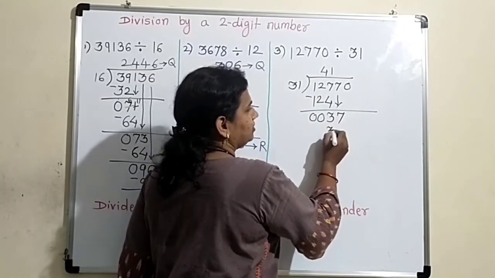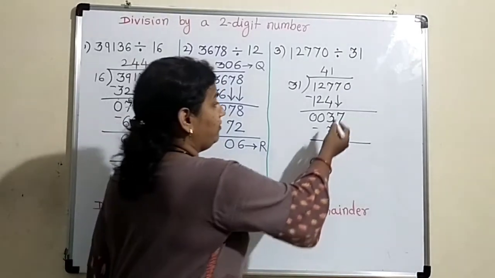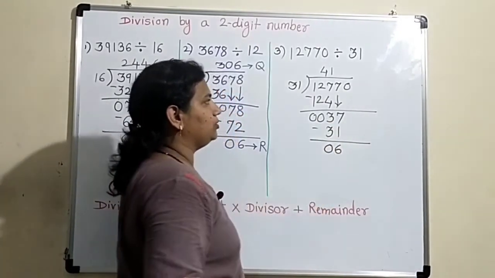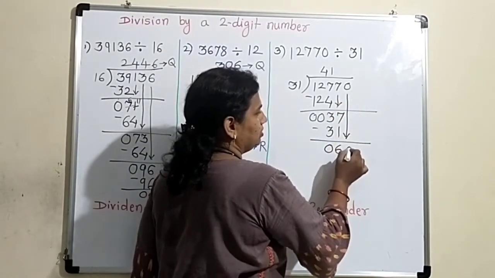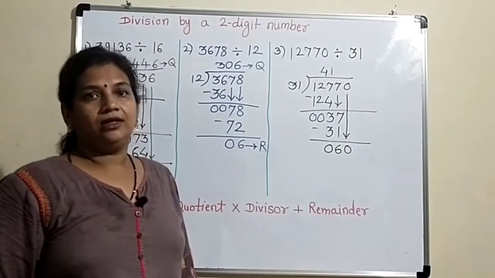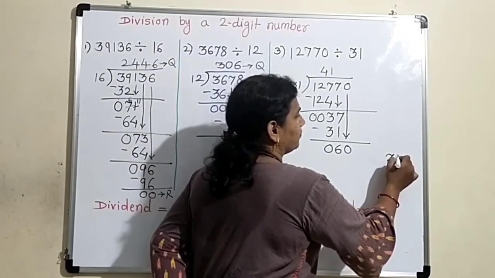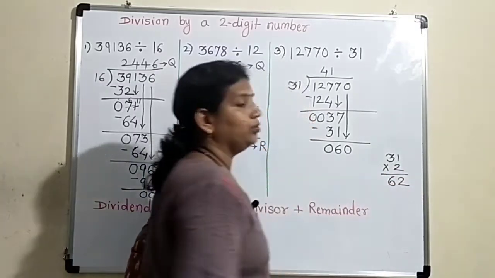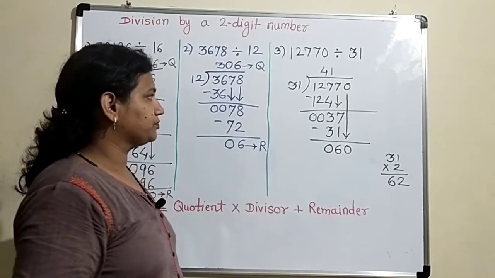And I will subtract 31. So I will get 7 minus 1, that is 6, and 3 minus 3, that is 0. I have one more digit there, so bring it down. I got 60. Now if I take 31 2s are, it will be 62, right? So that will not work here.